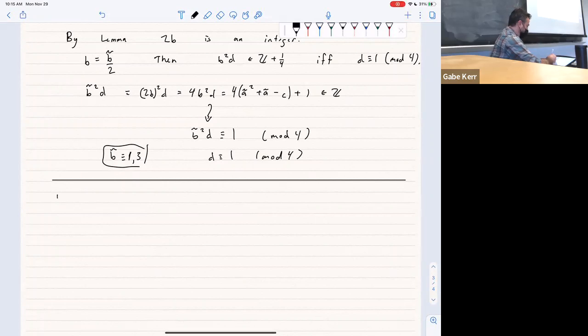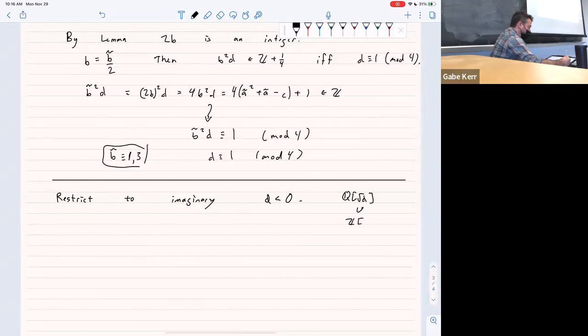I'm not sure, but I will restrict to the imaginary case. Here we're looking at this, and inside of here, we have algebraic integers.